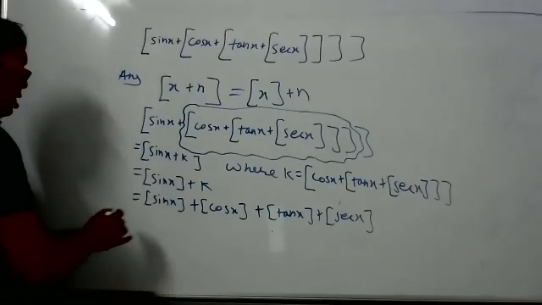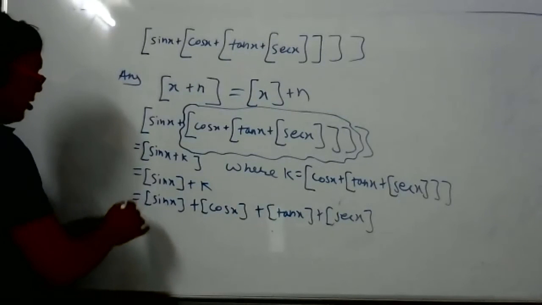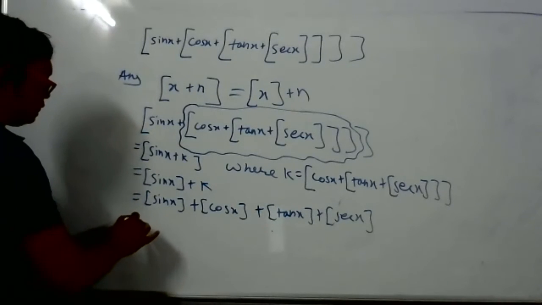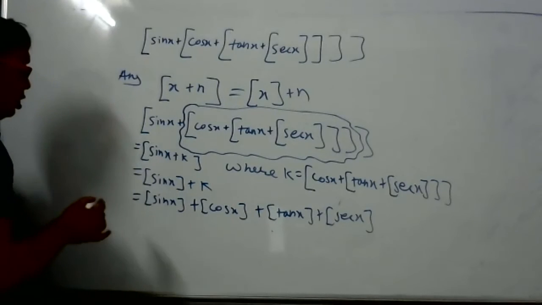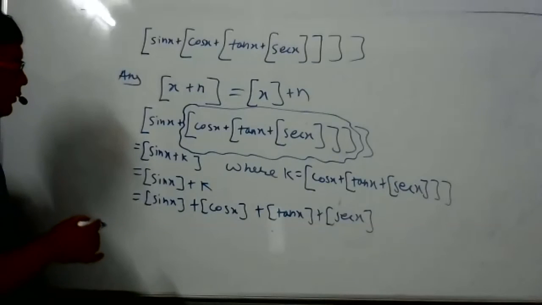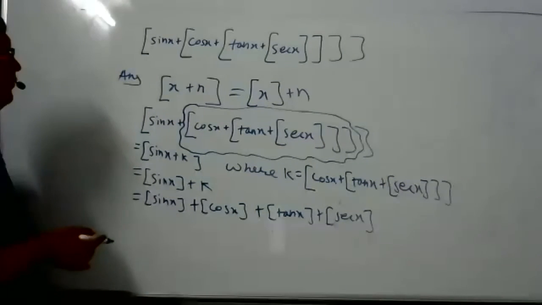Now tell me, student, what is the value of... okay, so how to do? So we should take the intersection of all the greatest integer functions. Wait. Something is wrong. Some other data I didn't give you.